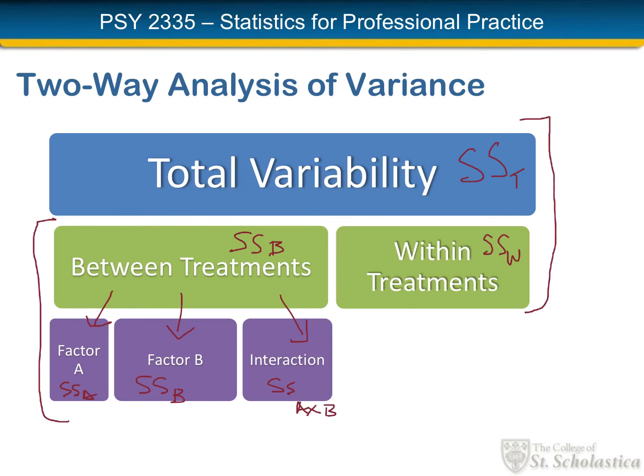And so we would get an F test for factor A, an F test for factor B, and an F test for the interaction of A with B.